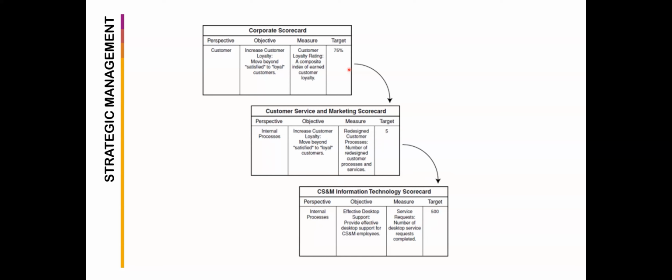So as you can see, from a very generic scorecard, it trickles down into specific departments, and it even affects supporting departments' scorecards. Let's say they do not achieve 500, they only achieve 100 or 200 this year, then that's an area for review.